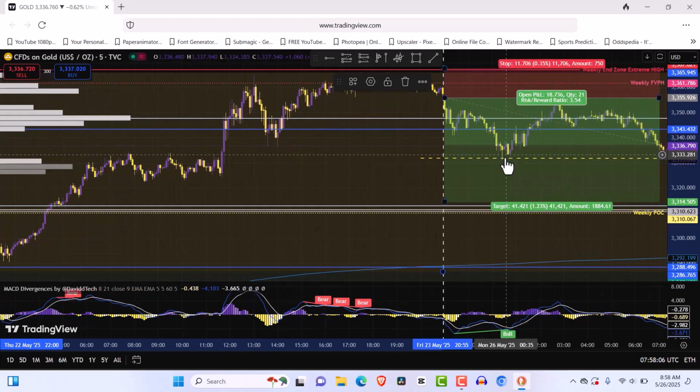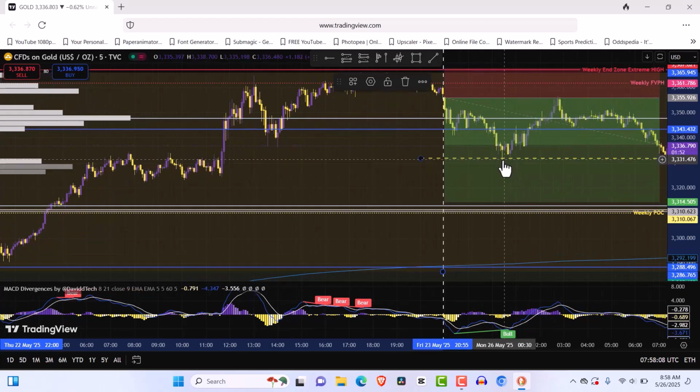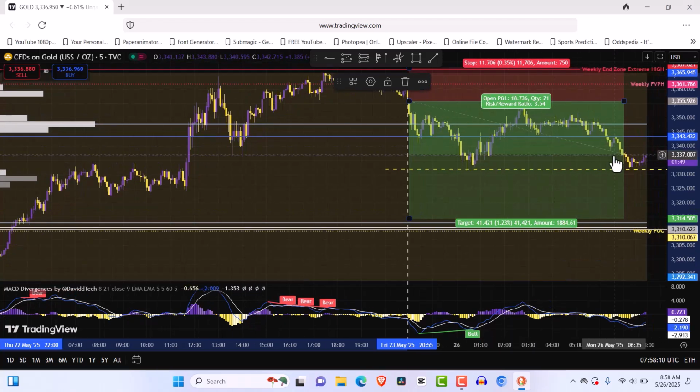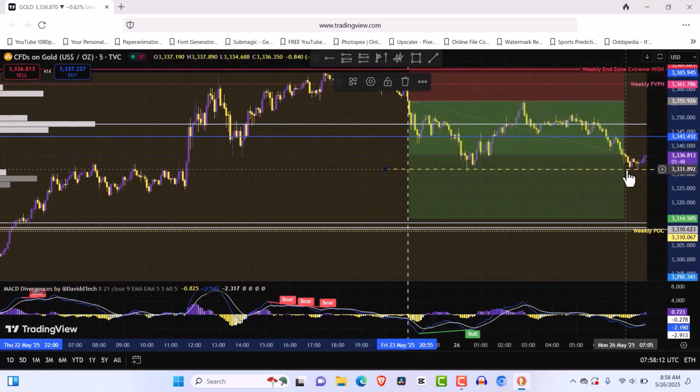As you can see, first take profit would have already hit here. I'm looking to ride it down to the spot. All right, this will be a good spot.